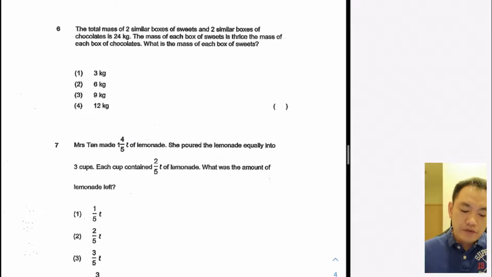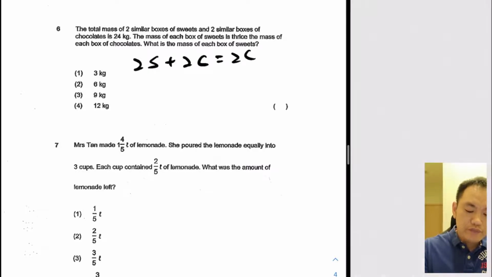The total mass of 2 similar bags of sweets and 2 similar bags of chocolate is 24 kilos. The mass of each box of sweets is thrice, which means 3 times, the mass of each box of chocolate. What's the mass of each box of sweets? Okay, so in the first line, he says 2 similar bags of sweets. So 2 bags of sweets plus 2 bags of chocolate equals 24.